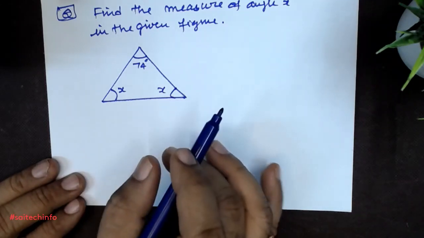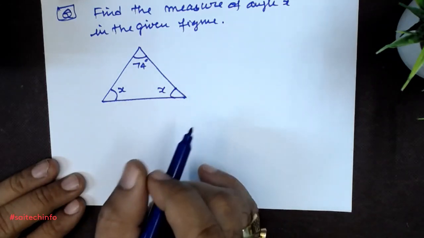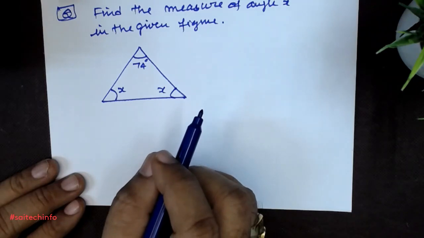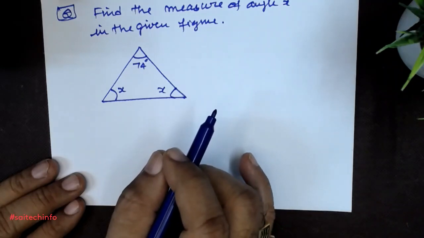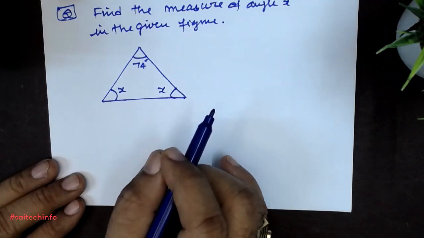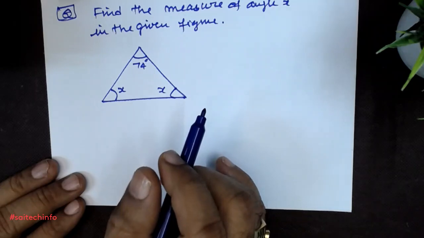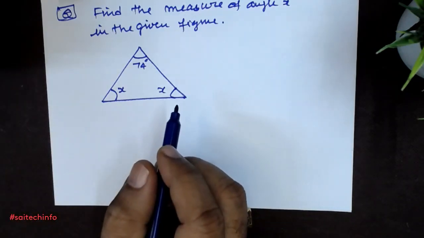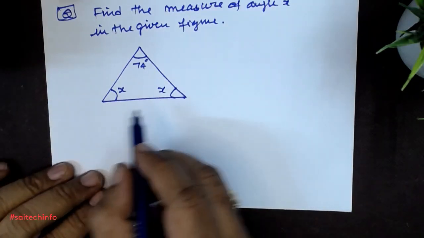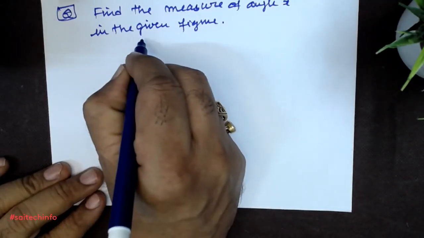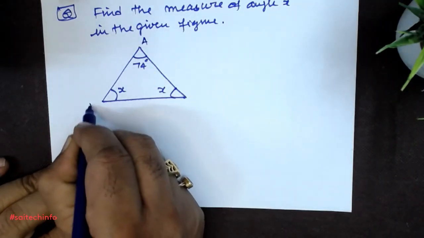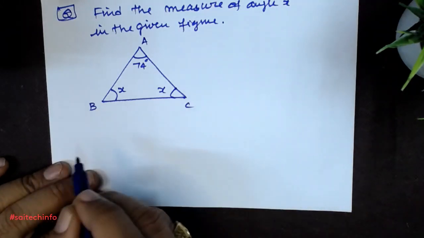And you know something about the angle sum property also. What do you mean by the angle sum property? The sum of all 3 angles will be 180 degrees. So you can call the triangle ABC.